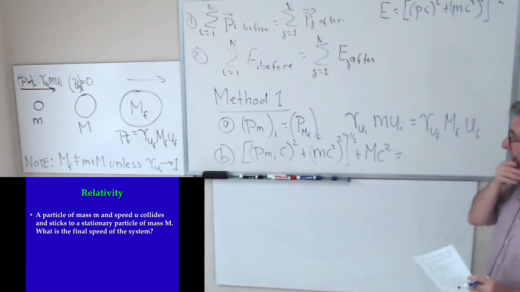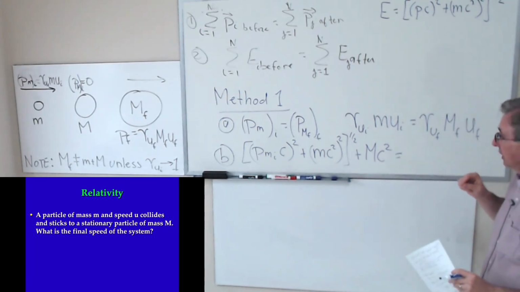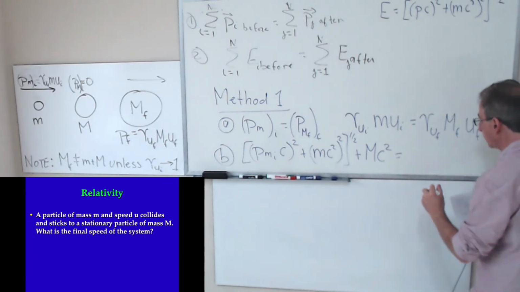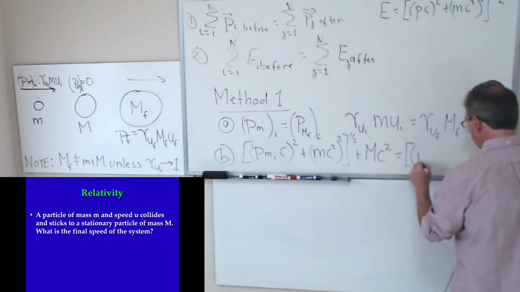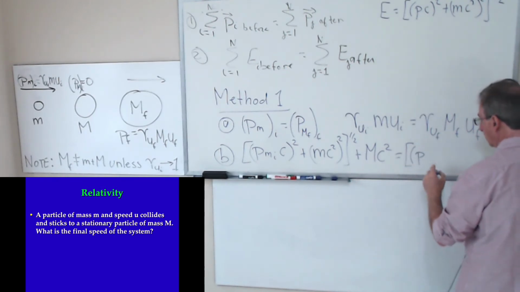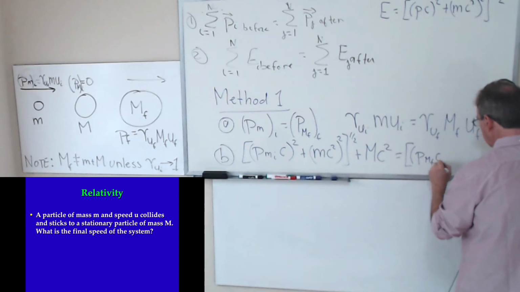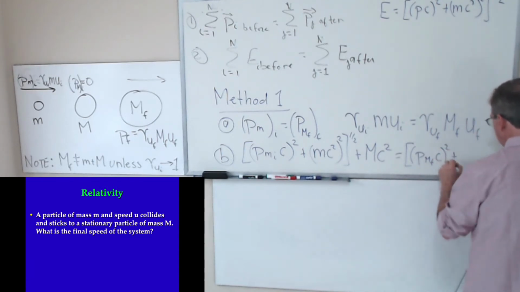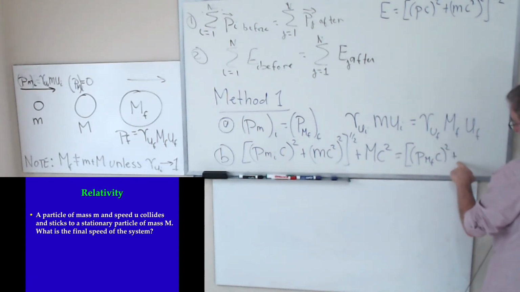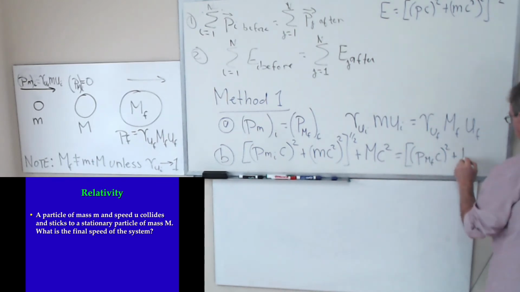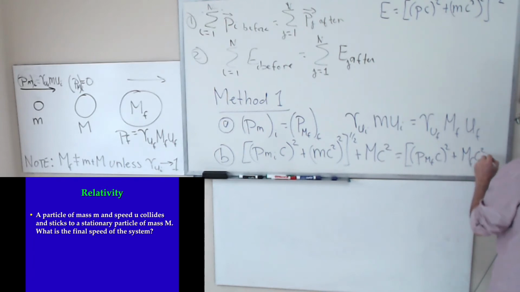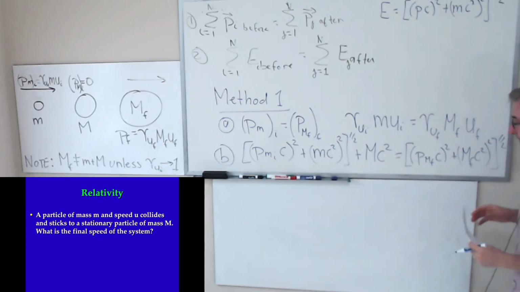And then afterwards, what you have is the total energy of the composite particle. So that's going to be p_m final, times c, and then the whole thing squared, plus the rest energy of the composite particle, and this thing squared to the 1/2.